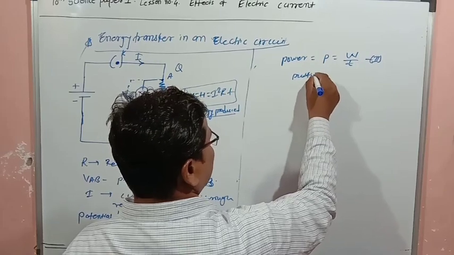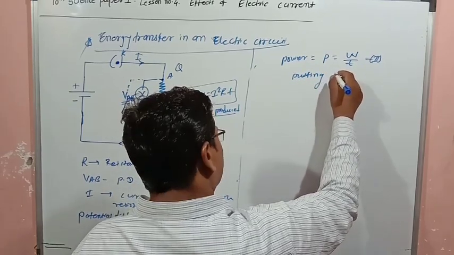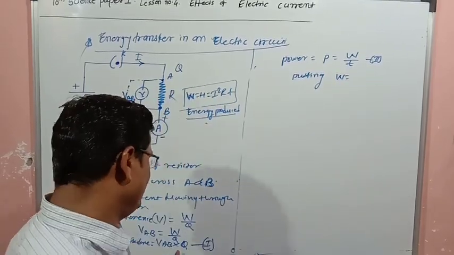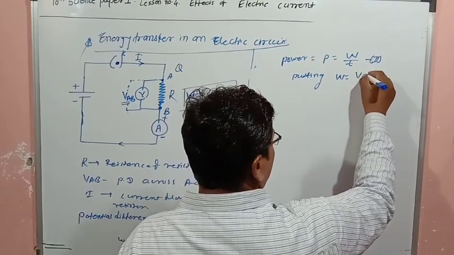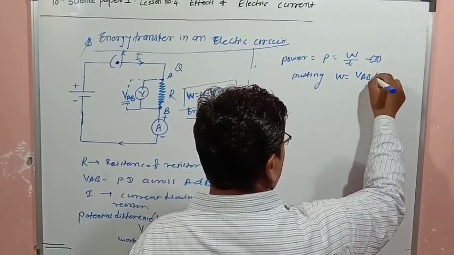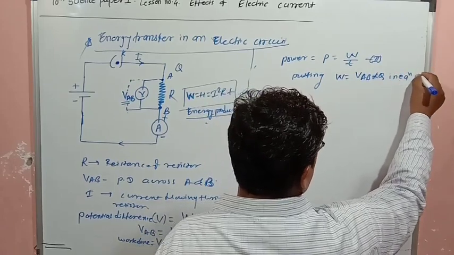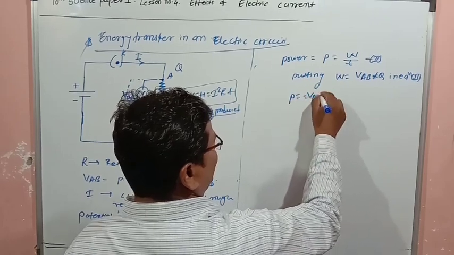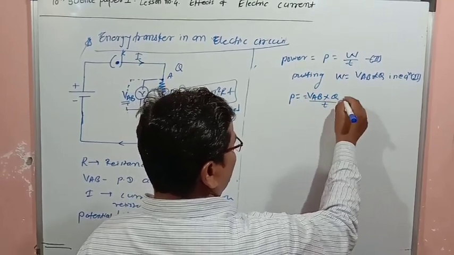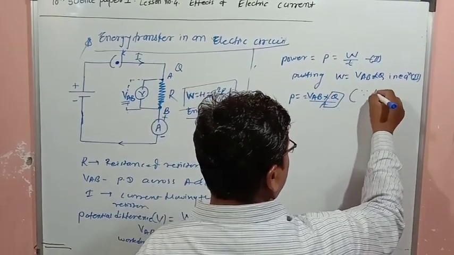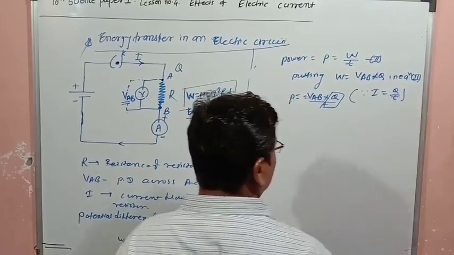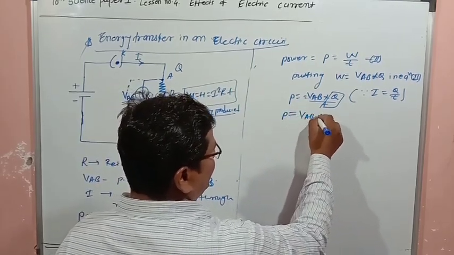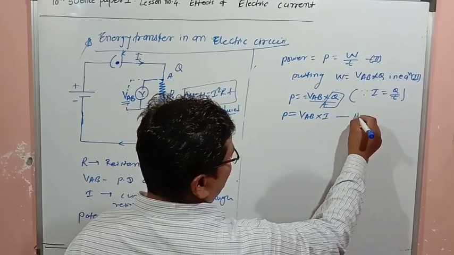Putting W is equal to VAB into Q in equation 2, you will get power P is equal to VAB into Q upon time T. But we know that I is equal to Q upon time T, so you keep I here. So you will get P is equal to VAB into I. Suppose this is equation number 3.